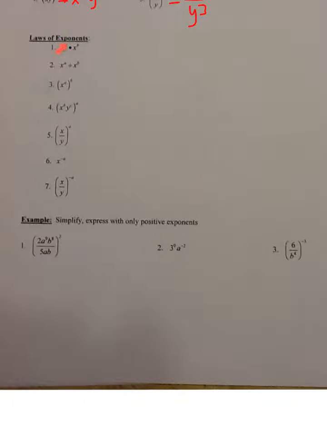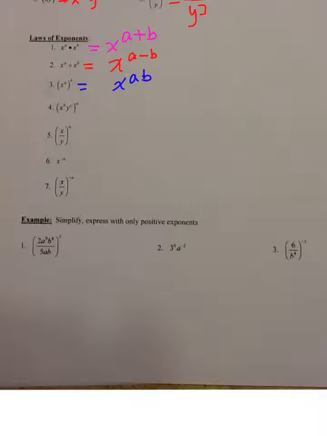So the rule for x to the a times x to the b: when you multiply same bases, you add the exponents. So this would be x to the a plus b power. Number 2, when we divide, x to the a divided by x to the b is x to the a minus b power, subtract the exponents. 3, when you have a power to a power, x to the a raised to the b power is x to the a times b.